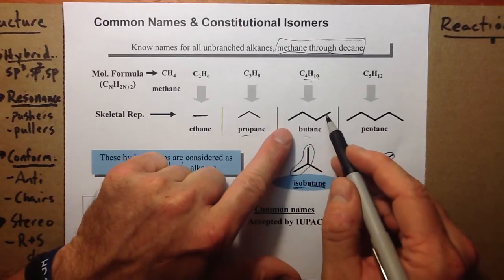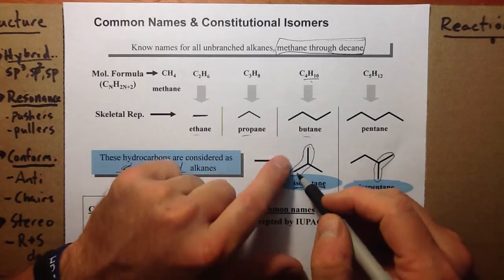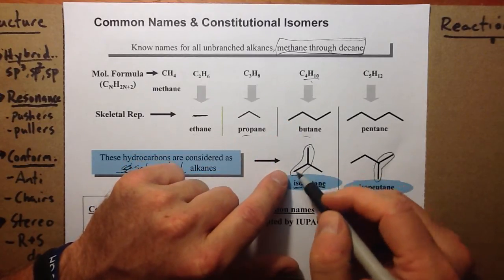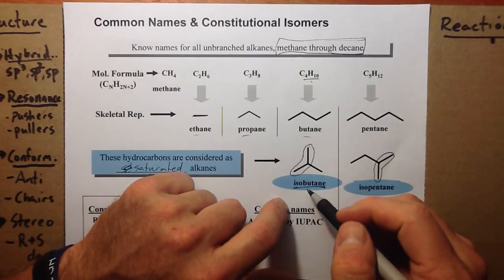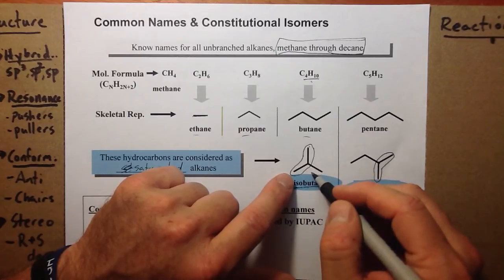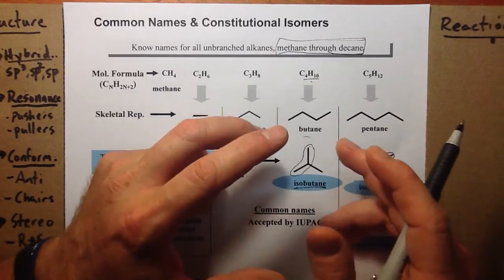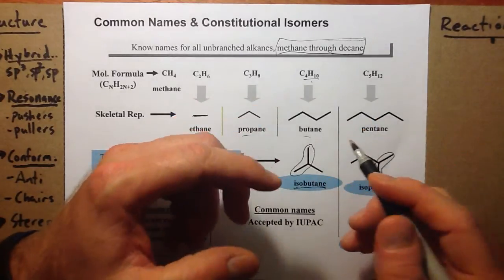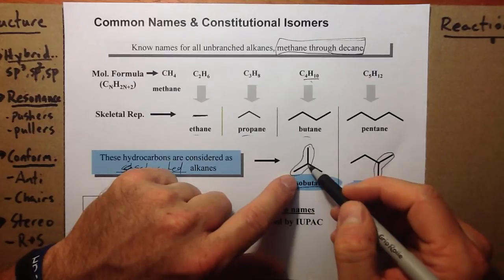For butane, we can pick up the methyl group and place it on the middle carbon, having a longest chain of 3, 1, 2, 3, and something off the middle. Now there's a special name given to this constitutional isomer of butane. It's called isobutane. Iso is a name associated with any molecule wherein you have 2 methyl groups off of a CH carbon.